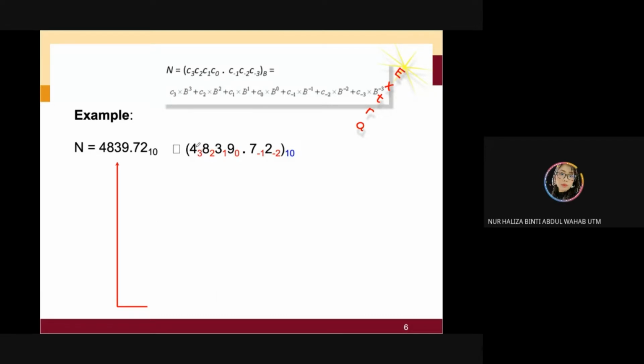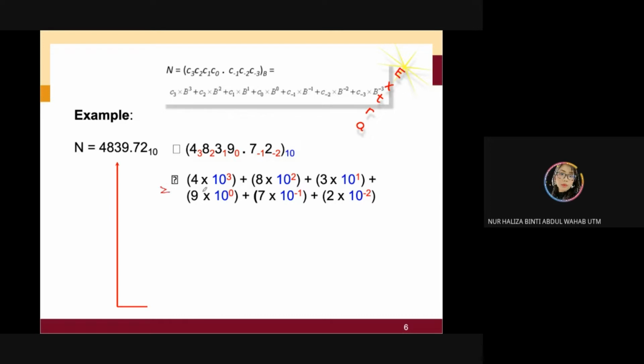You're going to have base 10 to the power of 3, 10 to the power of 2, 10 to the power of 1, 10 to the power of 0. You're going to multiply with the power. And this one 10 to the power of minus 1, 10 to the power of minus 2.